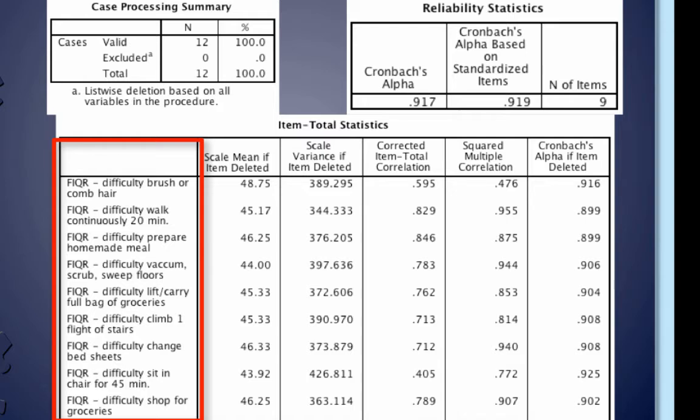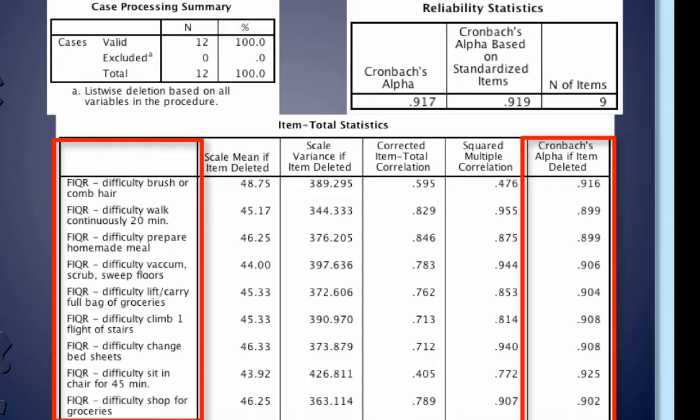When we're looking at Cronbach's alpha, our internal consistency reliability coefficient, we see with all of these 9 items, our Cronbach's alpha is 0.917. And when we're looking at the item total statistics table, don't worry about all these other 4 columns. All you really want to worry about is the item itself in this column, and the last column, Cronbach's alpha if this item is deleted.